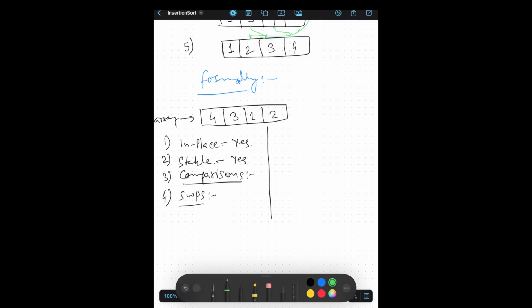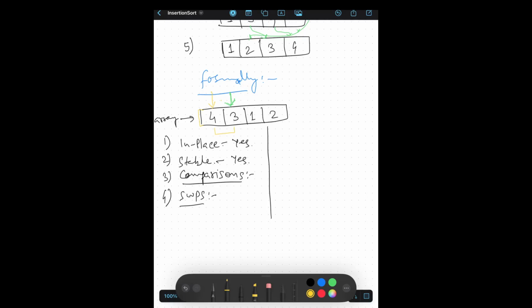Okay. Let's see. So we start with the second index. And this is our sorted index. And this is our current index. So the current index is compared with the sorted index until we find a number which is smaller, or we reach the very beginning of the array.